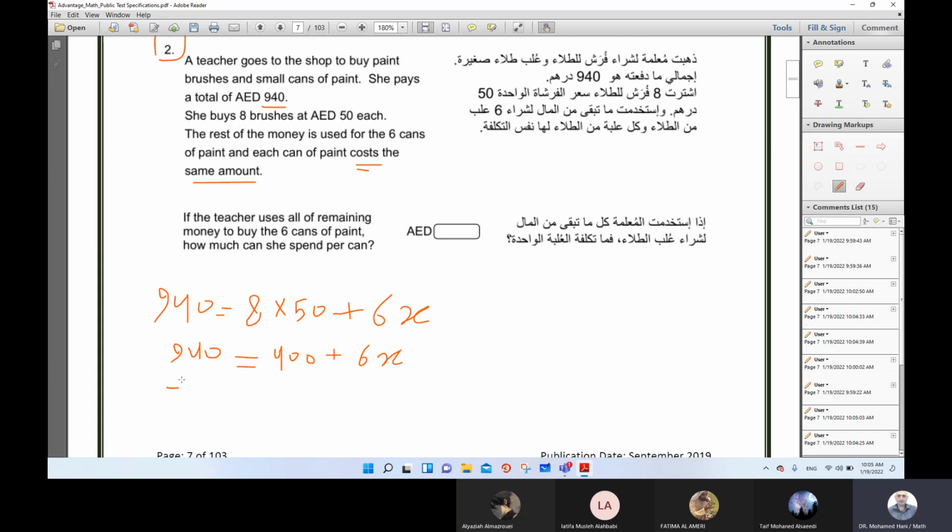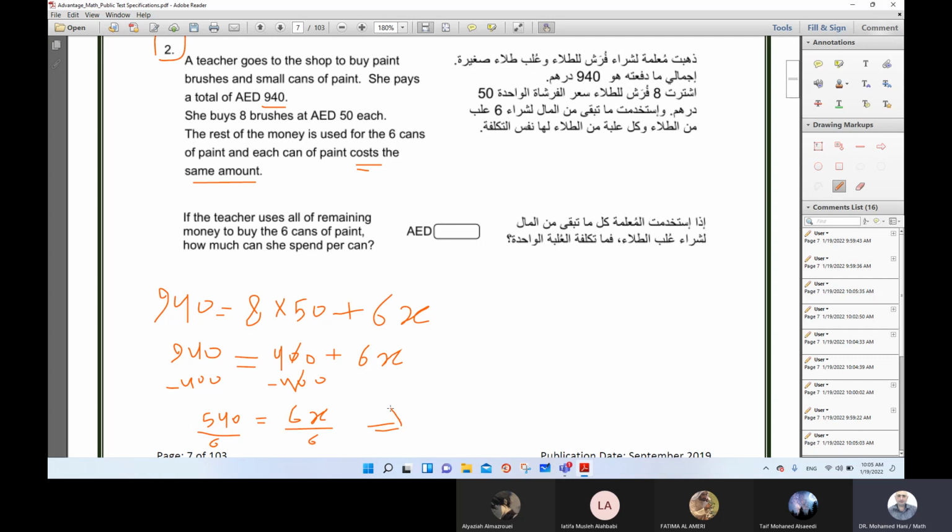Subtract 400 from the two sides. 400 and negative 400 will be 0. 940 minus 400 will be 540, equals 6x. Divide the two sides by 6.